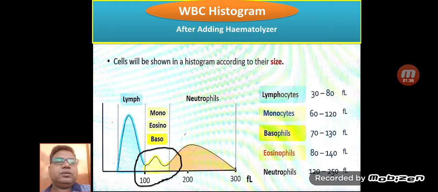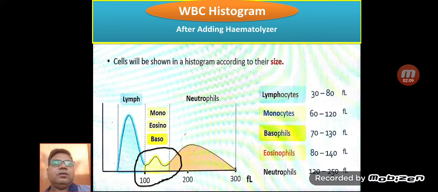Before going to the cases, we should know about the WBC histogram. Here you can see it is a three-part differential, and the graph is plotted in three ways. The first is the lymphocyte. The second, smaller graph is of monocytes, eosinophils, and basophils, and the next large graph is of neutrophils.